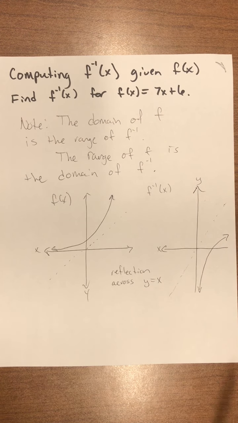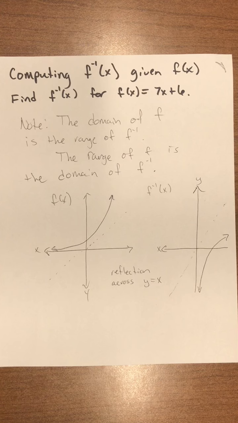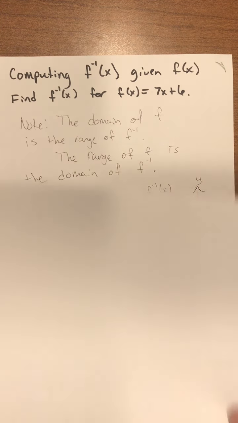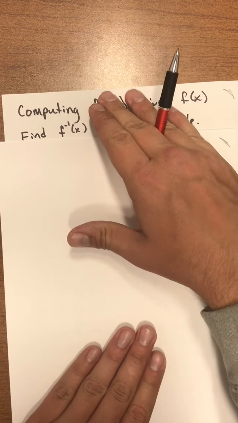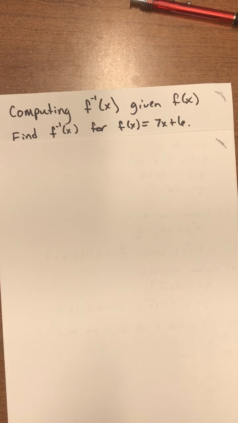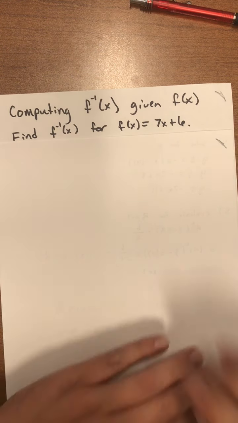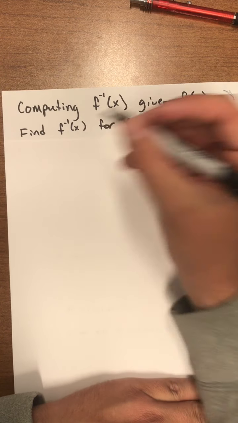So we are going to compute f inverse for f of x equals 7x plus 1. Now, without understanding the domain and range swapping part, the steps to do this would seem kind of silly, but they're not.